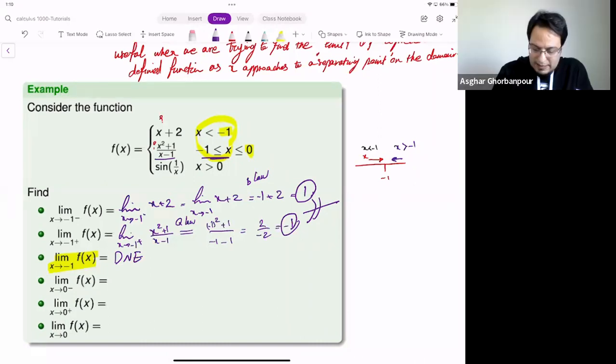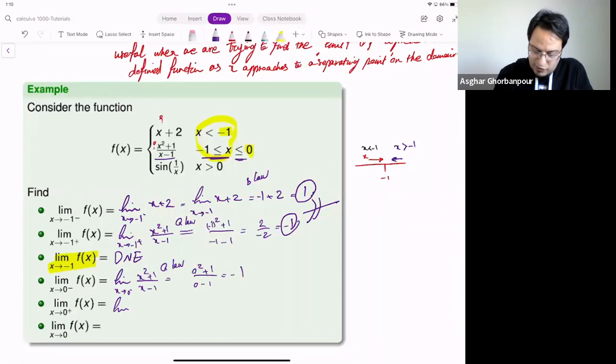Well, how about as x approaches 0 from the left? From the left means that x's are less than 0. So I will take this one as the formula that works for me. And again, the quotient law can be applied here: 0 squared plus 1 over 0 minus 1, which is -1.